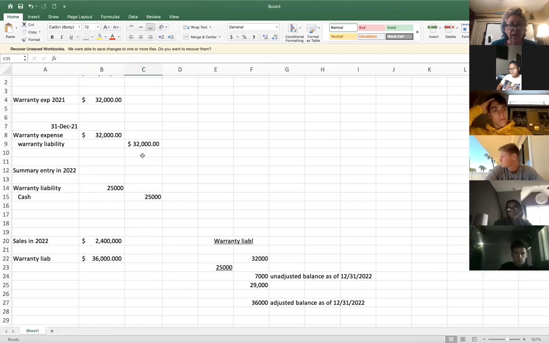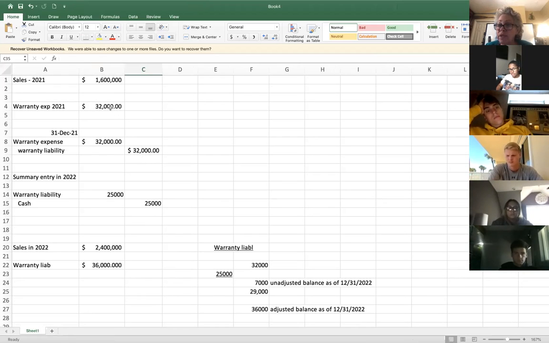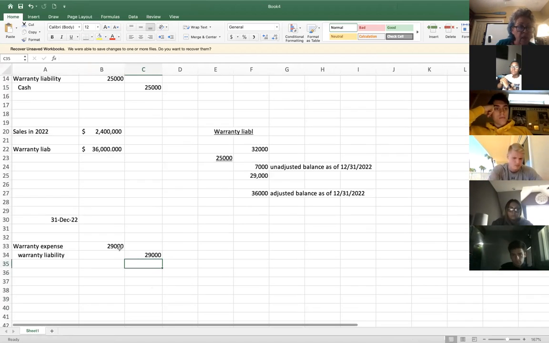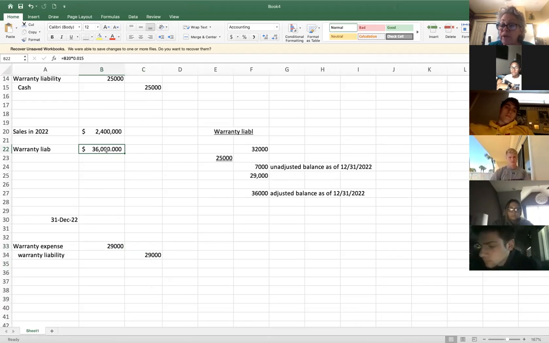All right, so we had estimated that in 2021, we had warranty expense of $32,000. In 2022, we had warranty expense of $29,000, although we estimated that our liability for 2022 would be $36,000.